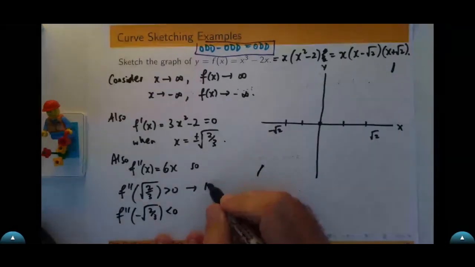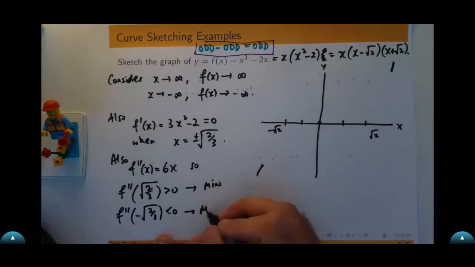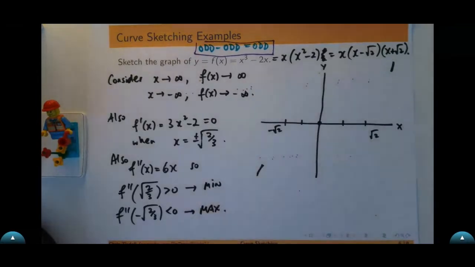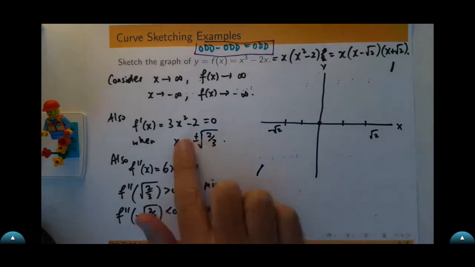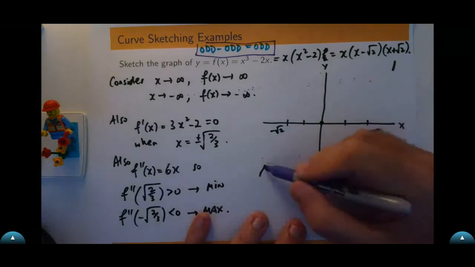So this will be a minimum, and this will be a maximum. That's pretty much all we need to do. You might want to find the value of the function at these points, but to sketch it, I don't think you need to.